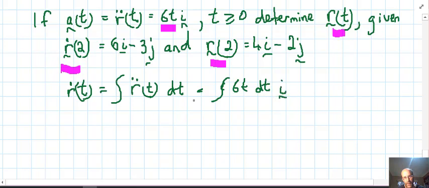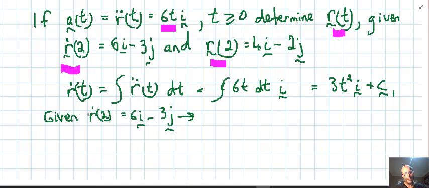It's only got a single dimension, and we've got 3t squared i plus the constant vector. Now it's going to be 2, so I'm going to call that c sub 1, that vector. So given that r dot of 2 is 6i minus 3j, we can sub that into this temporarily indefinite equation for r dot 2.